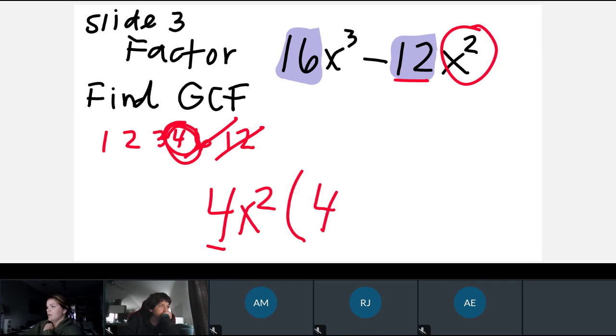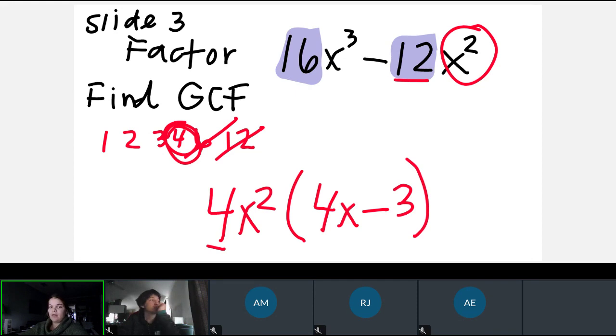I took out x squared, but I'm still left with an x, minus 12 divided by 4 is 3, and I took out an x squared, so there's nothing else left. So to factor this one, it looks like this. You're just going to pull out your GCF. You need to find the GCF of the coefficients, so the numbers, and also the variable. Okay?